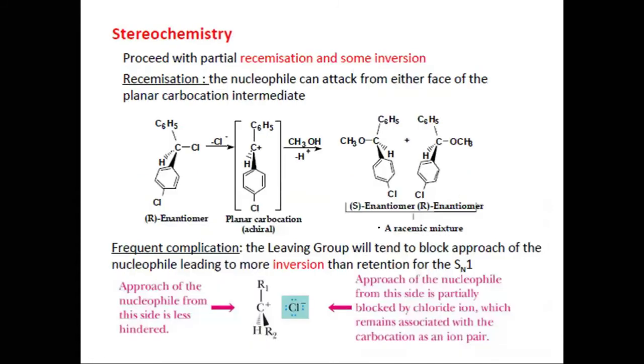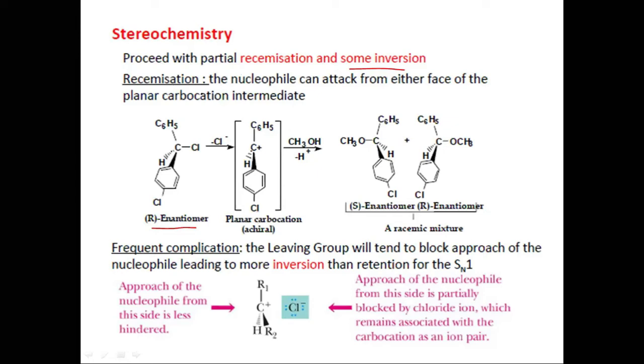Now let's move on to the stereochemistry of SN1 and SN2. In case of the SN1 mechanism, let us take an optically active substrate or enantiomer. It proceeds with partial racemization and some inversion. As SN1 is a two-step reaction, the first step is the rate determining step, and the formation of the planar carbocation is the intermediate.